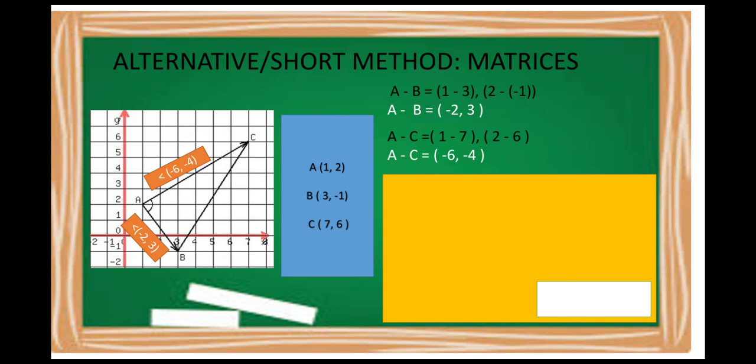For example, as I choose the points A and C, and then I also choose the points A and B, they have a common vertex or common point, which is the point A. If you choose B to A and B to C, the common vertex is B. And if you choose C to A and C to B, the common vertex is C. In this case, I just use the common vertex of A.